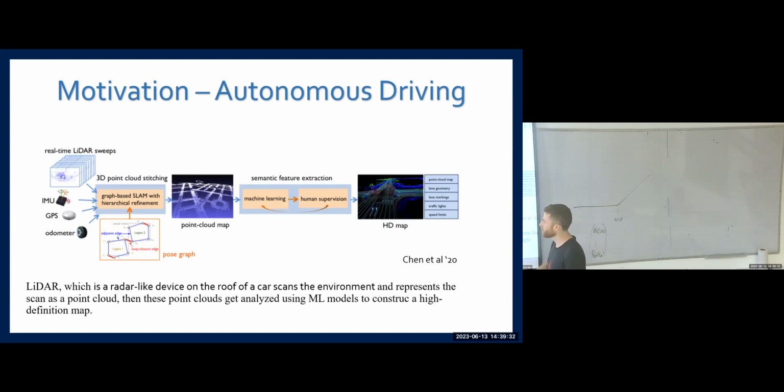And what we can do is map these point clouds and then use machine learning to process them and get a high definition map of the environment. So in this way, we get a computationally faster approach of processing information, which allows for self-driving and actually implementing it in practice with latency times that are reasonable. If someone jumps on the road, you want to have a quick map of what's going on, and this allows for this quick information processing.